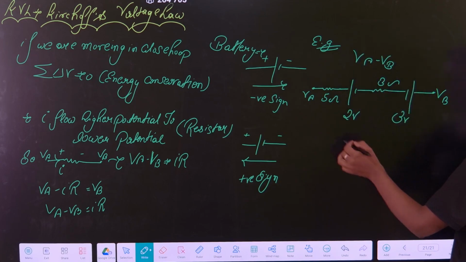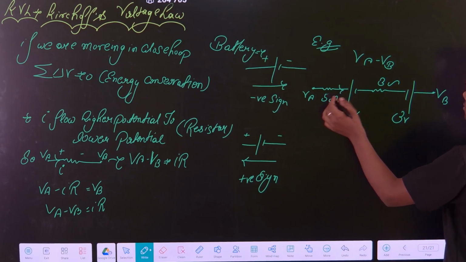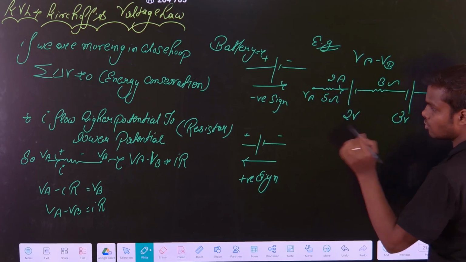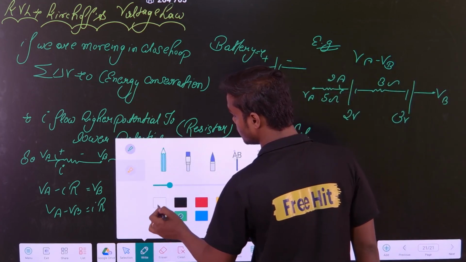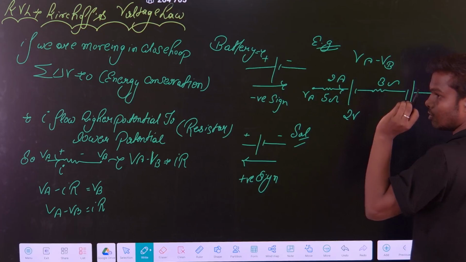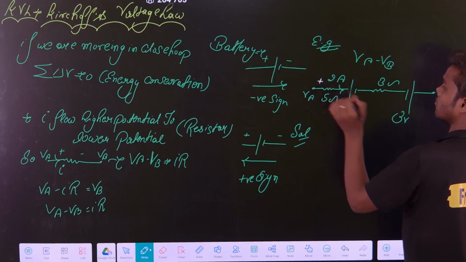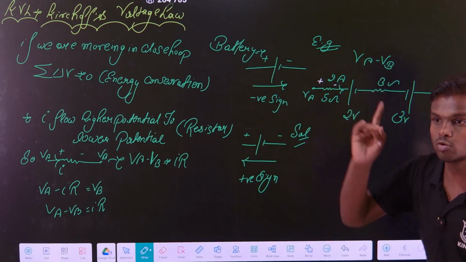So let us see how you will do this. Suppose the current in this branch is, obviously since it is a series, the current will be the same, that is 2 ampere. How do we write the KVL? First try to see and understand. Current is going from higher potential to lower potential, so mark the terminals. This will be plus, this will be minus, because current always flows from higher to lower potential.